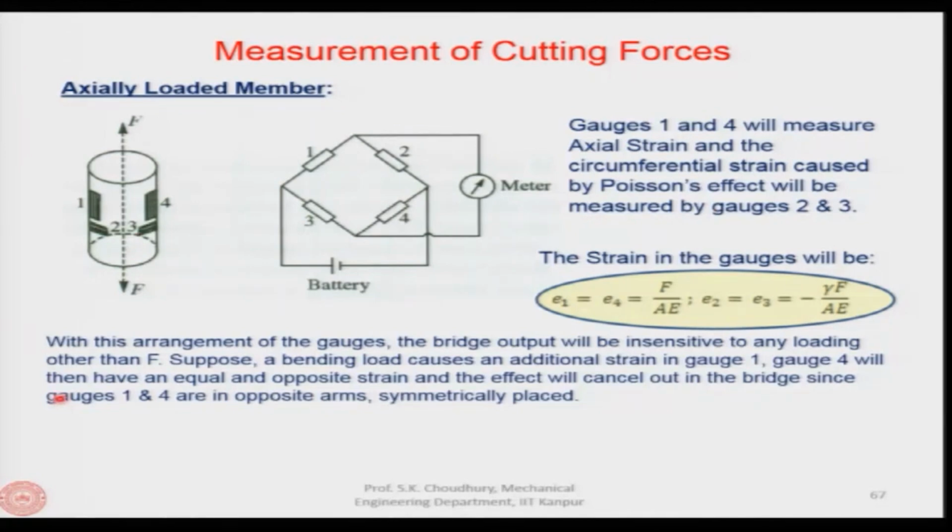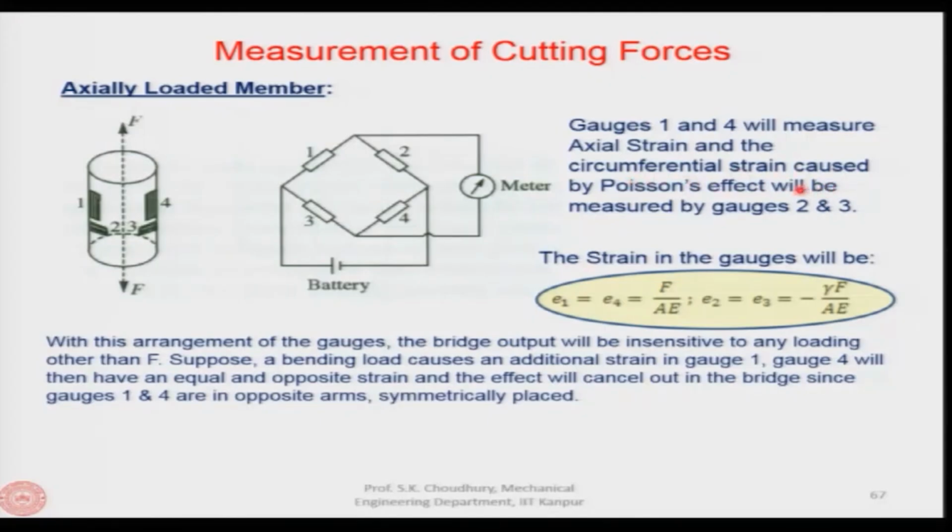So, when the F is applied, the axial strain will be sensed by gauges 1 and 4, and gauges 2 and 3 will not be able to sense the axial strain that is happening in this component. Okay. Gauges 2 and 3, the way they are located, perpendicular to 1 and 4, will sense the circumferential strain which is caused by the Poisson's effect.